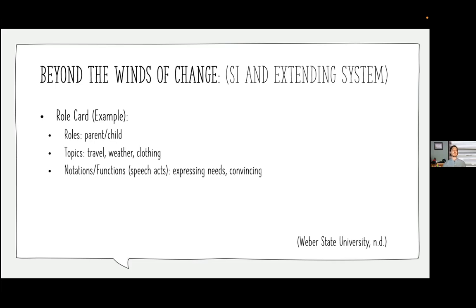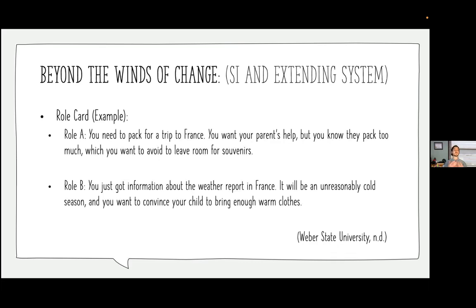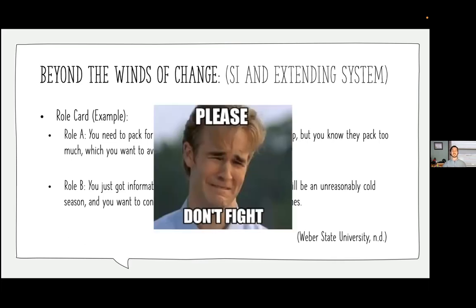So the roles, parent-child, the topics, travel, weather, clothing, and notations and speech acts, expressing needs and convincing. So role A, you are going to France, you want your parents' help, but you know they pack too much and you want to avoid that. You want room in your bag for souvenirs. As a parent, you got information about the weather report in France and it will be unreasonably cold. You want to convince your child to bring enough warm clothes. Don't fight, right?